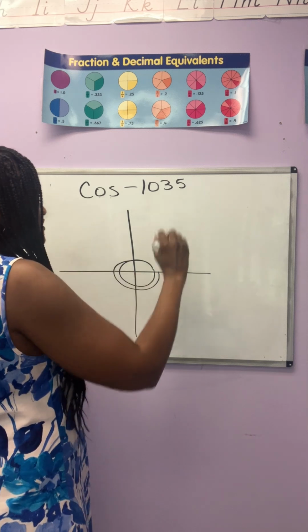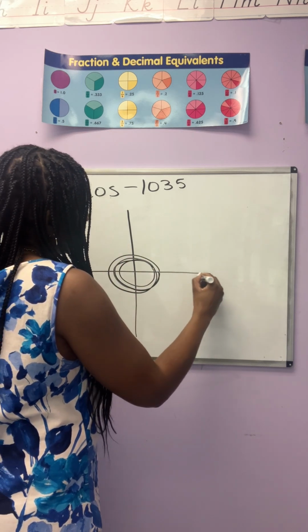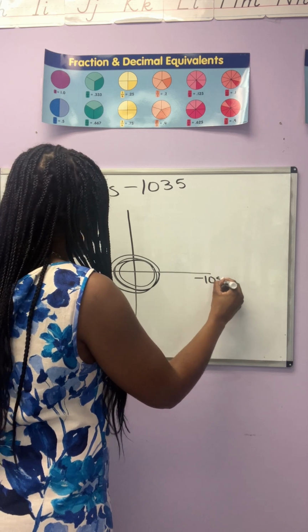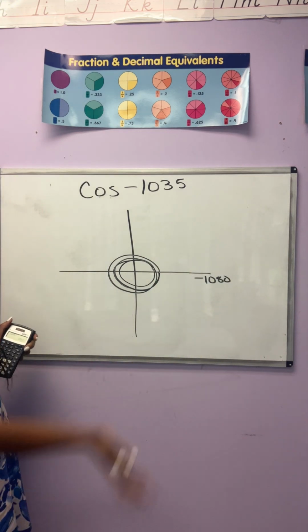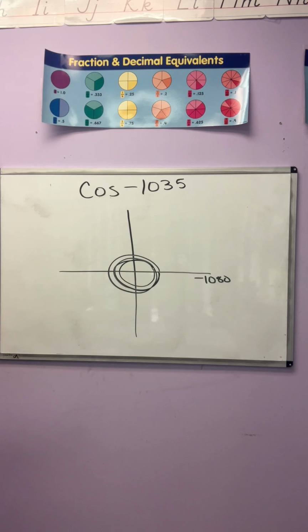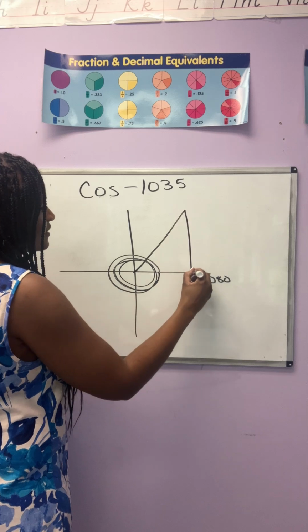Okay, so plus it's negative. So just think everything I've just done, do the reverse. So we're at -1080 if we went 3 full circles. But we need to bump it back a little bit. So the difference between 1080 and 1035, like how far back do we need to go? It's 45. Okay, so it's a 45-degree angle right here.